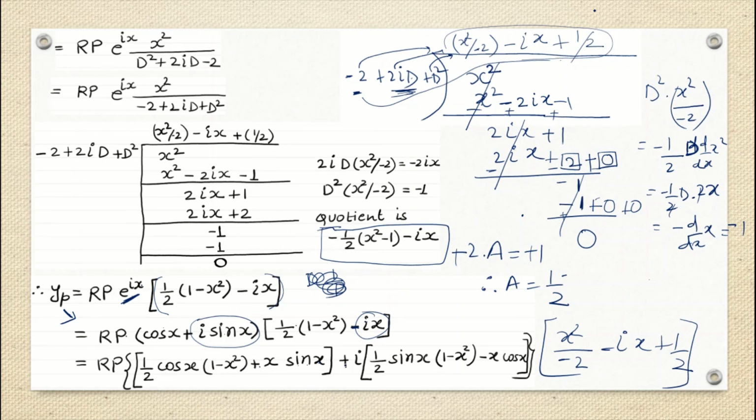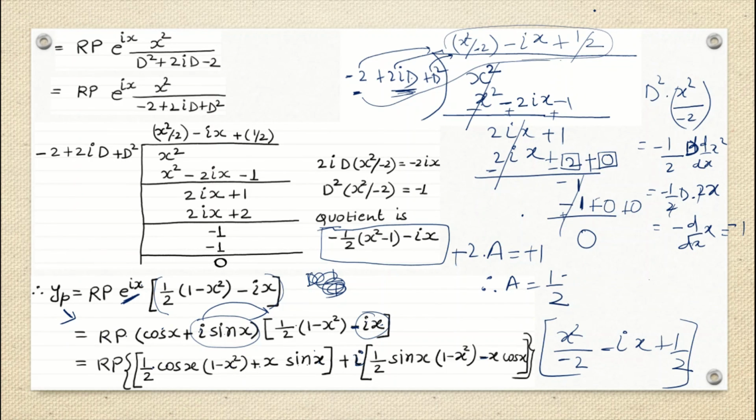Now what I am going to write down here, plus i, 1 by 2 sin x, then 1 minus x square, and then minus how much, because i is there, so cos x and then minus ix, this is nothing but minus ix cos x. That means we are doing nothing, we are just opening this completely and then writing the real part aside and then the imaginary part aside.